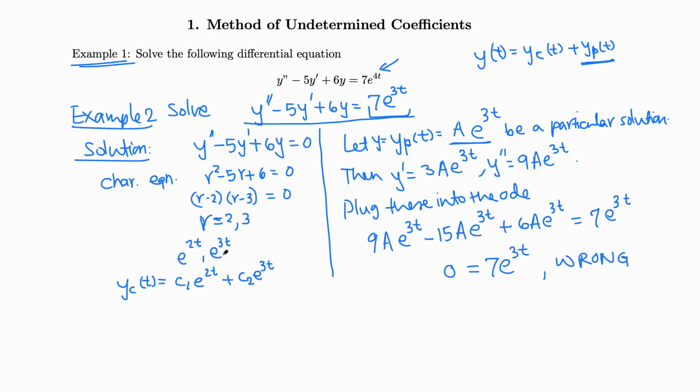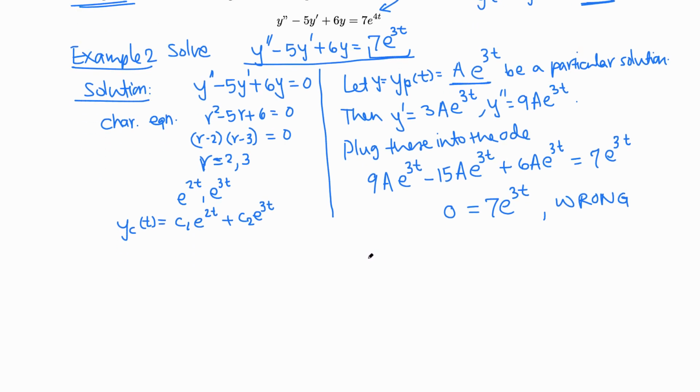If this is already a solution, then just putting a constant in front does not work. Now if you recall from the previous section, when we had repeated roots like r equals 3 and 3, what were the solutions at that time? They would be e^3t and e^3t, and that would not work.